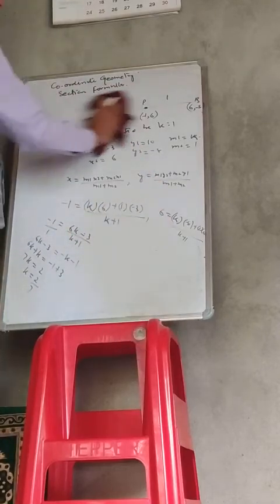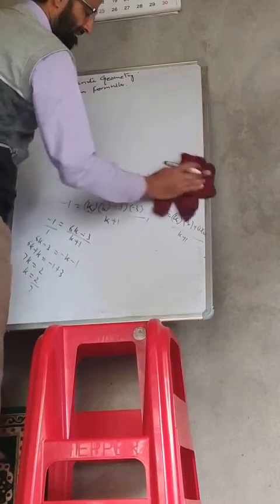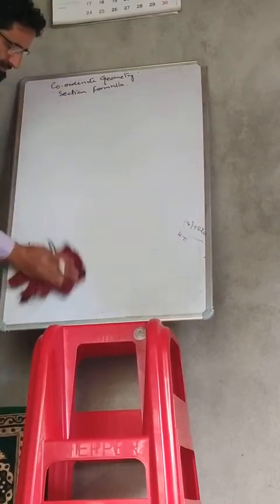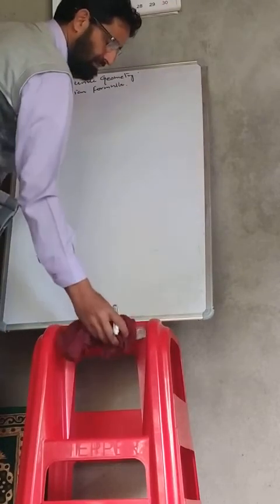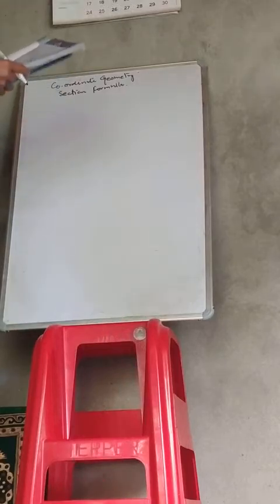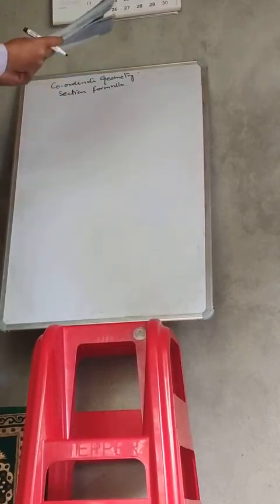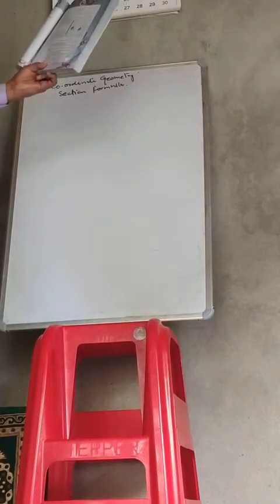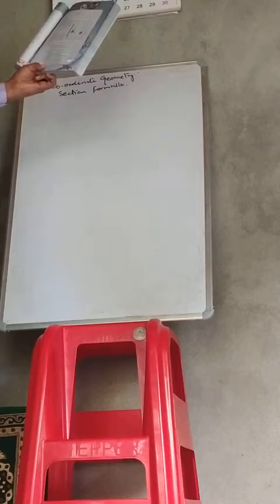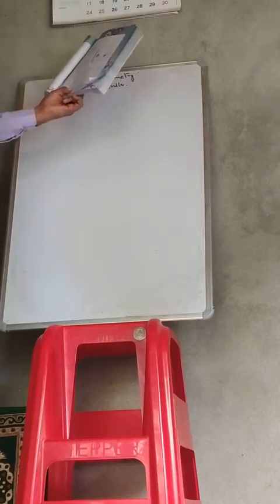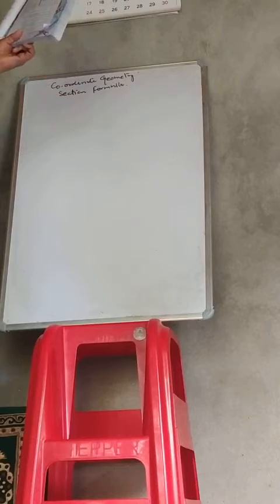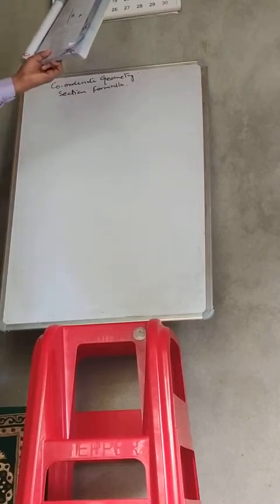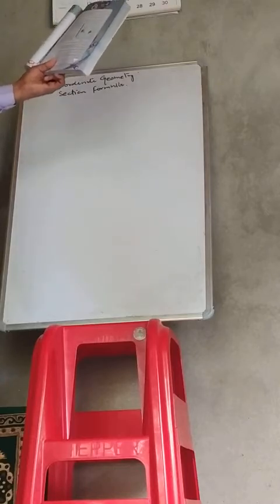These are simple questions. Now proceeding further, question number 5: find the ratio in which the line segment A(1, minus 5) and B(minus 4, 5) is divided by the x-axis.